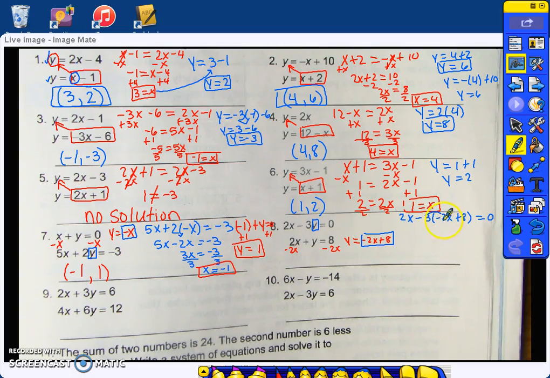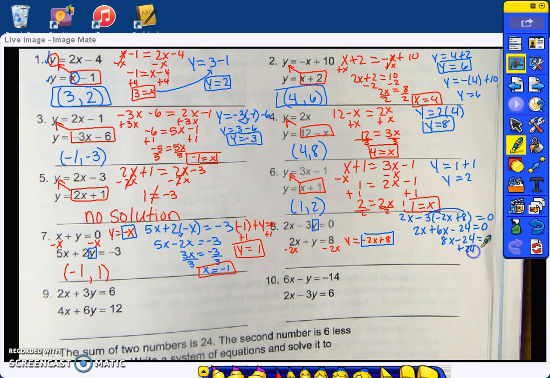Negative 3 times negative 2x is positive 6x. Negative 3 times negative 8 is going to give me negative 24. 2x plus 6x is 8x.